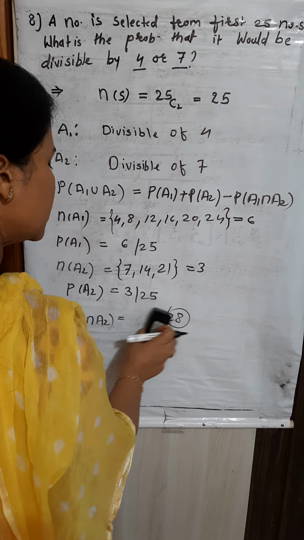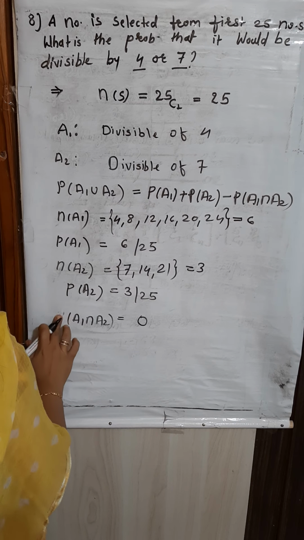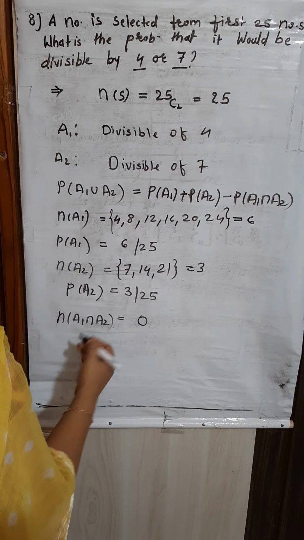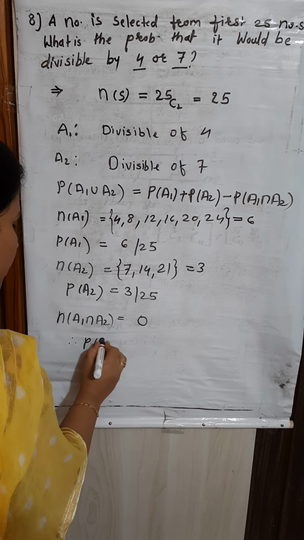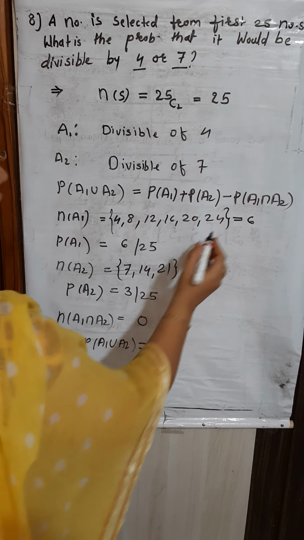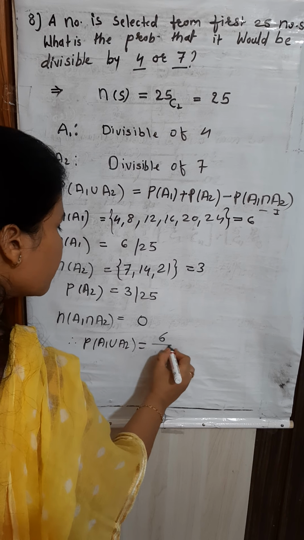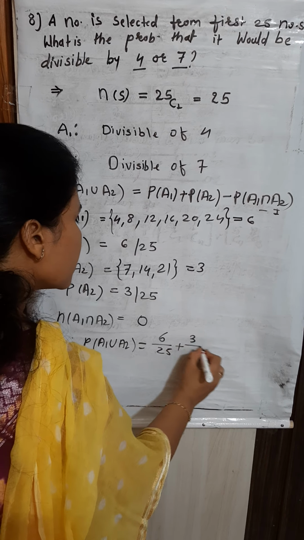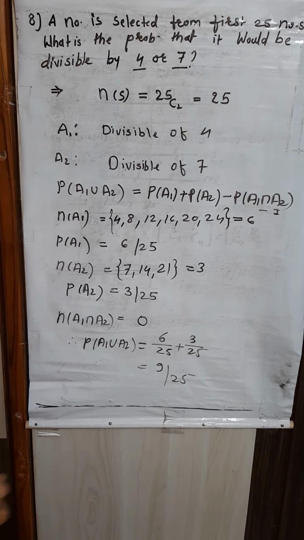So A1 intersection A2 will give you the value 0, right? n of A1 intersection A2 will be 0, so its probability is also equal to 0. Therefore, probability of A1 union A2 is equal to 6 by 25 plus 3 by 25, which is equal to 9 by 25. This is your final answer. So the probability will be 9 by 25.